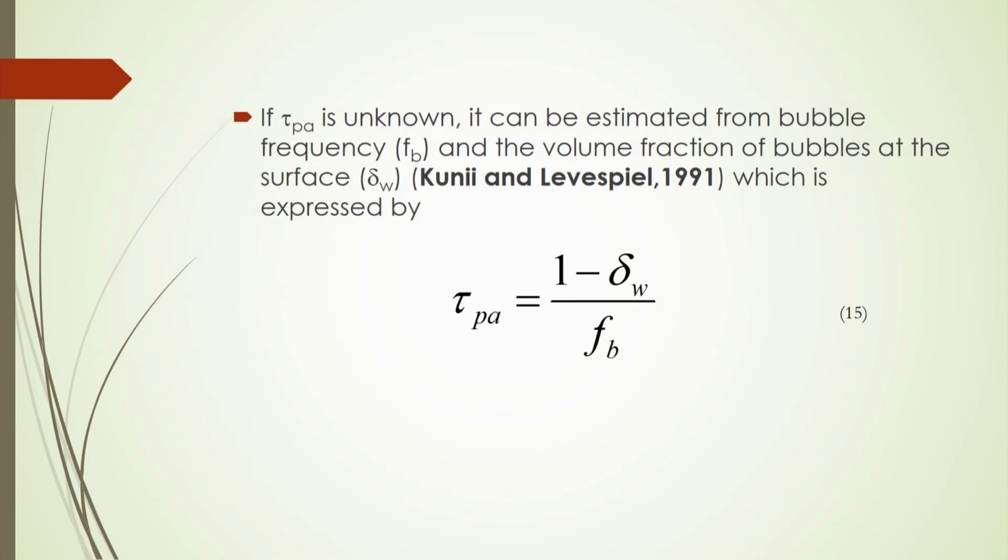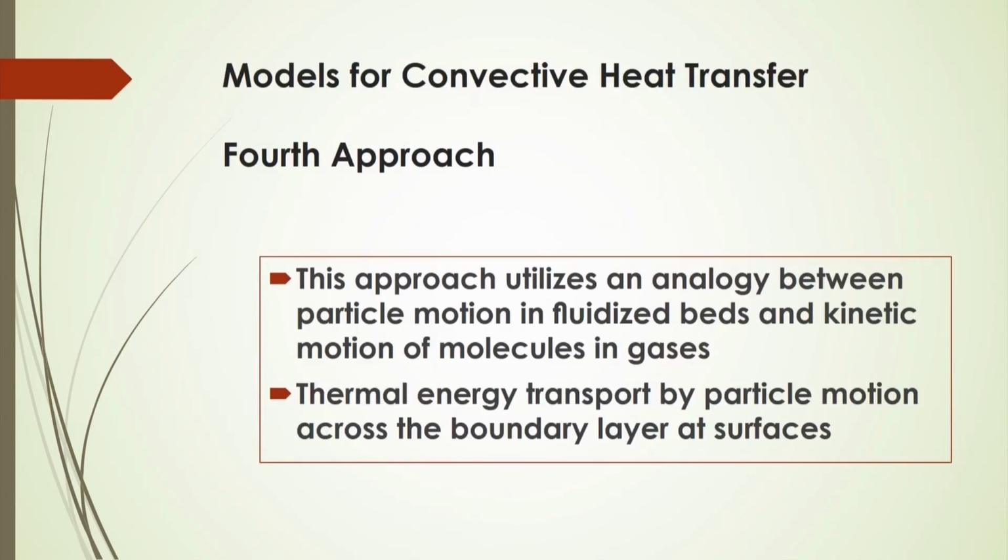What will be the bubble fraction is expressed by this equation 15 to calculate this tau_PA, that is the residence time of the packet particles, which can be denoted by 1 minus delta_W by f_B. Now, as a fourth approach, we can calculate the convective heat transfer coefficient.